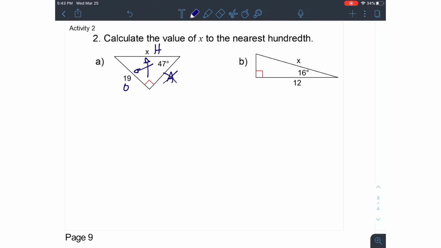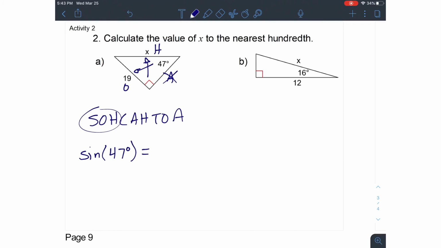So that means that when we solve this, we have to use sine, because that in SOHCAHTOA is opposite over hypotenuse. So we're going to get sine of the angle, 47 degrees, equals opposite over hypotenuse is 19 over x. Now, this is a good example of why I've been telling you to put your trig function over 1 and then cross multiply.